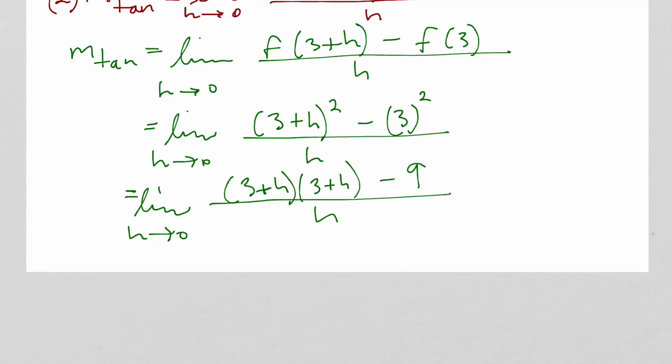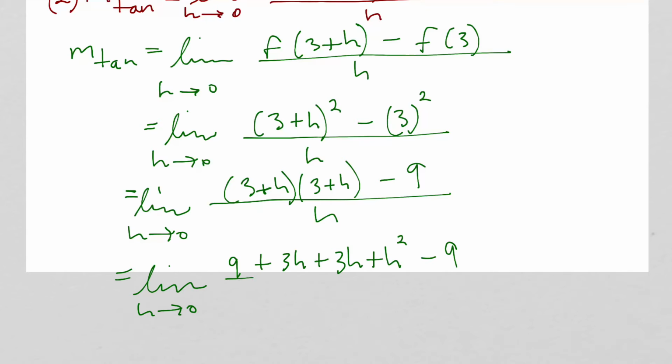Okay, so I've got 9 plus 3h plus 3h plus h squared minus 9 divided by h. So I can cancel the 9's here and here.